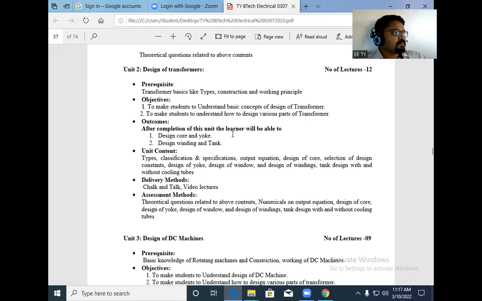First, types. Next, classification and specifications. Next, output equation.